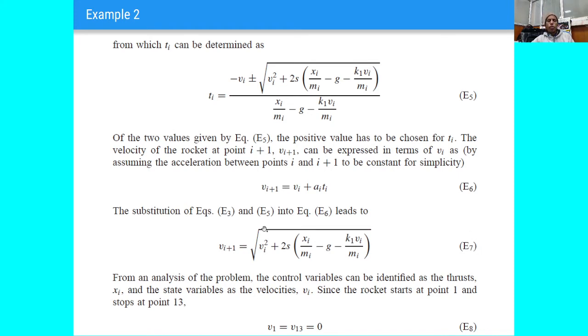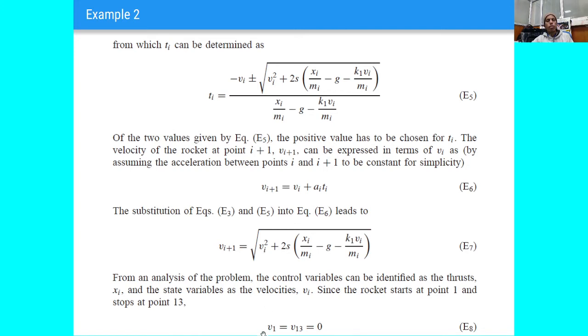Since this rocket was traveling starting from control point 1 and ending or stopping at control point 13, what will be the velocity at control point 1, v1?